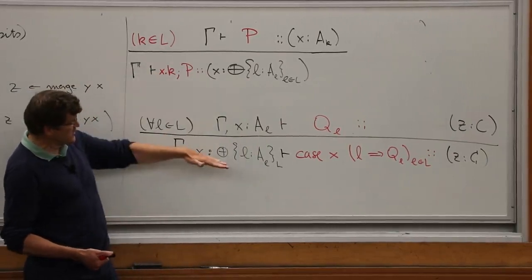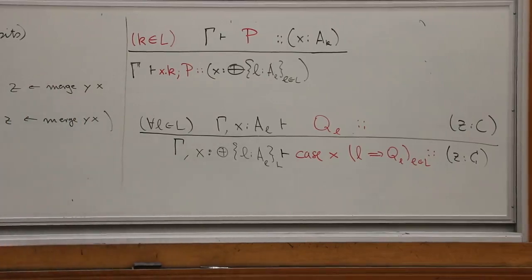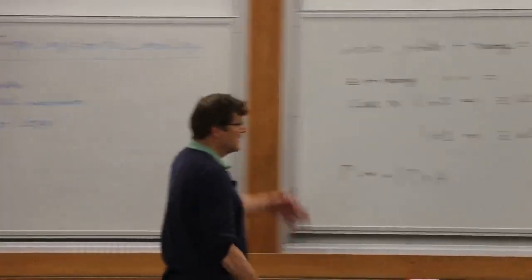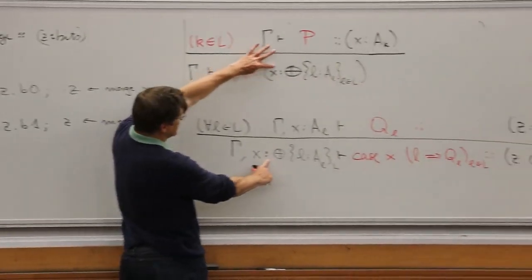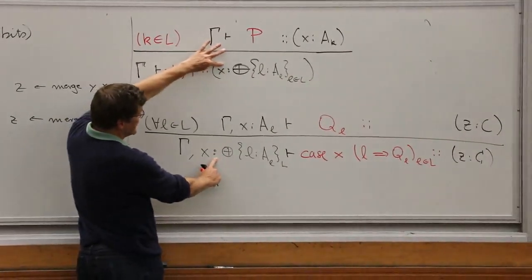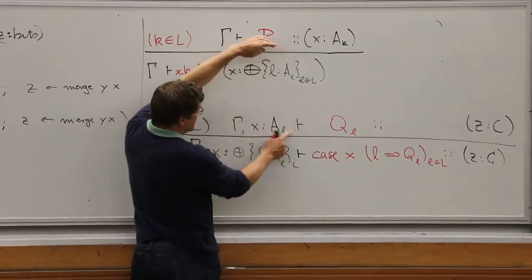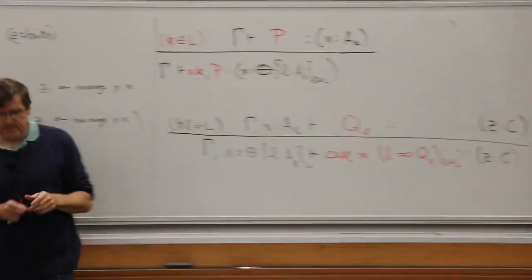So with this formulation, what I just walked you through is basically the proof of preservation. Proof of preservation doesn't mean that all the variables continue to have the same type, but it means that if you plug two processes together across this interface, this channel X, then after they communicate, they will still agree on the type of X. This one will be A sub K, this one will be A sub K.